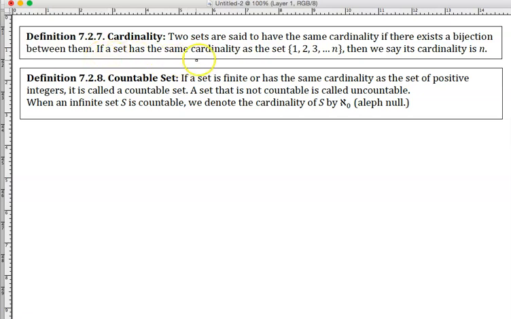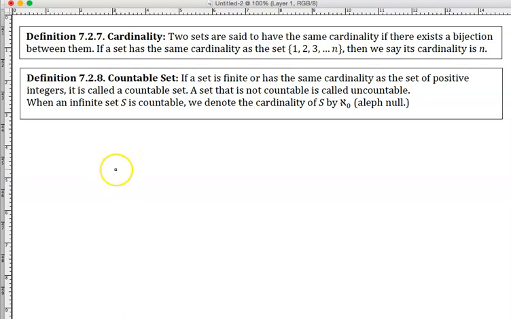If a set has the same cardinality as the set 1, 2, 3 through n, so just starting to list the positive integers up to n, we say that its cardinality is n. Right? So this will help us figure out the cardinality of sets that are not necessarily easy to count.